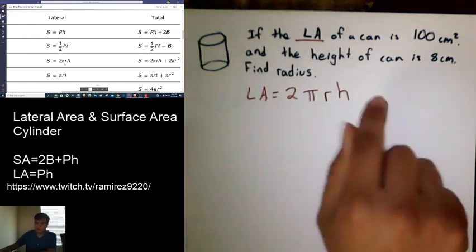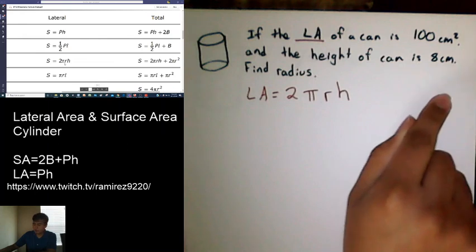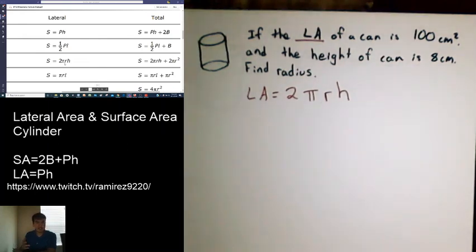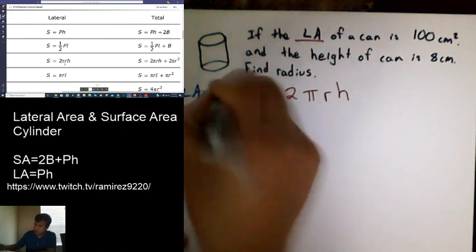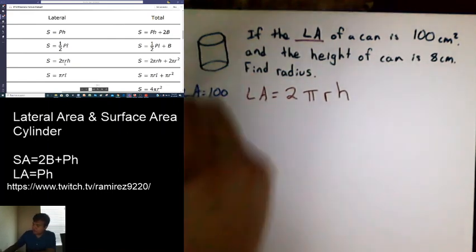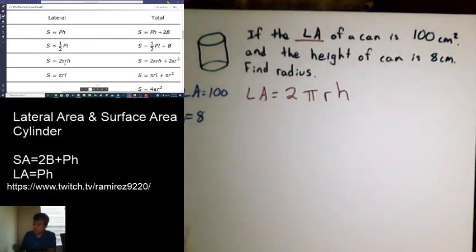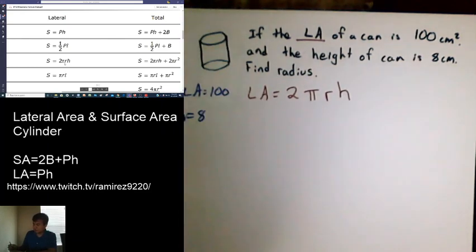You don't include the plus 2 pi r squared because they only care about the lateral. They told us that the lateral area was 100, and the height was 8. Everything's in centimeters, so I don't have to convert anything. Always check that. Make sure that they have the same units. In this case, they do.